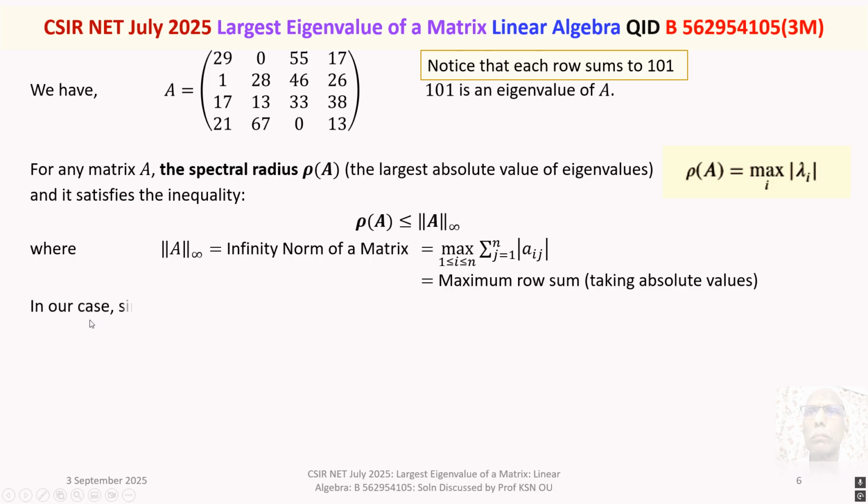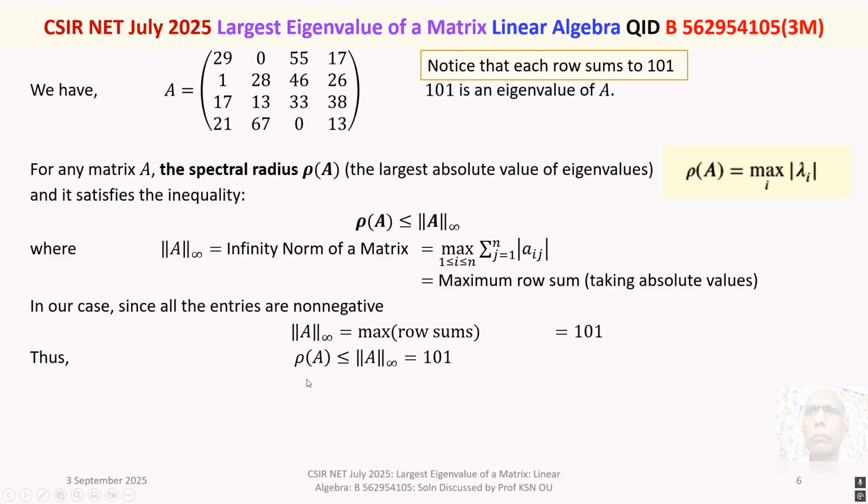In our case, all the entries are non-negative, so there is no need of taking absolute values, and the infinity norm is the maximum of all the row sums. Here in our case, every row sum is 101. The maximum of row sums is 101 only.